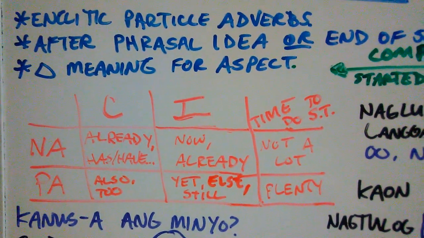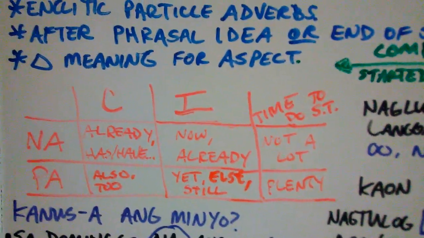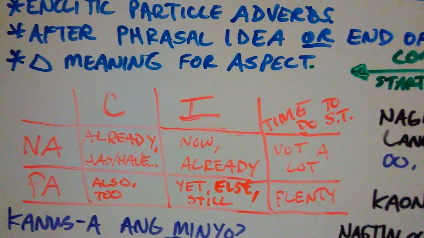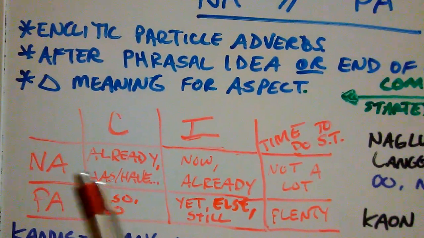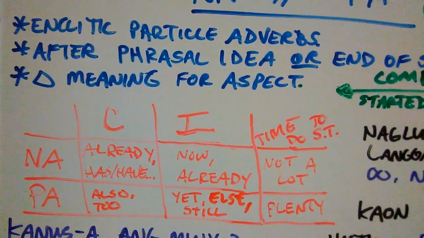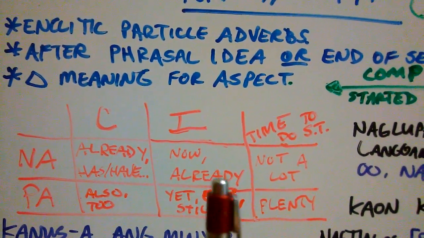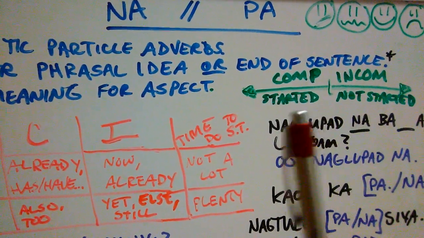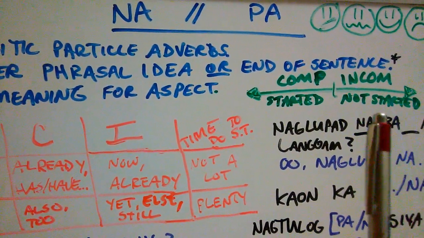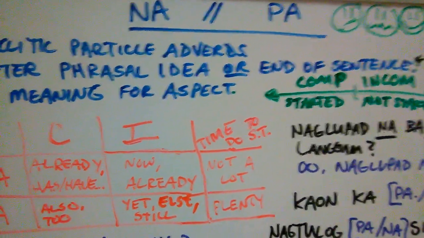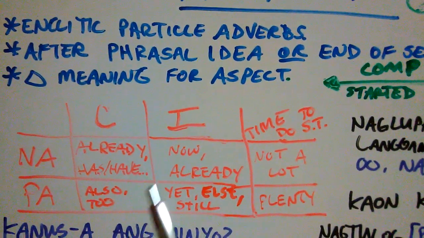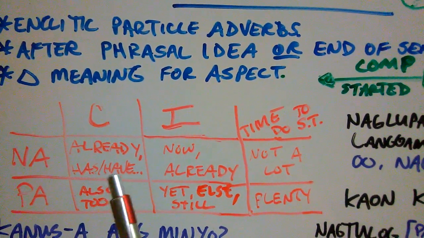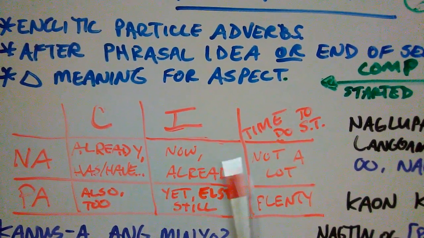In this chart is what you should probably have a clue of what na and pa can mean. Let's talk about na in the completed aspect. If you remember, completed was actions that already started, versus incomplete, where actions haven't been started yet. If the verb already started, na means already, or has or have done already.